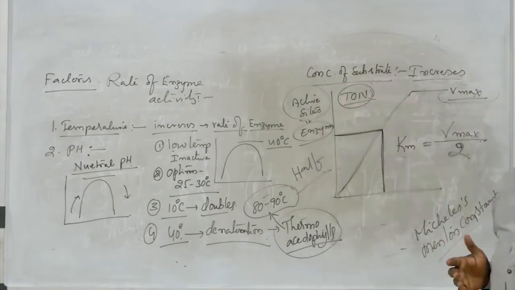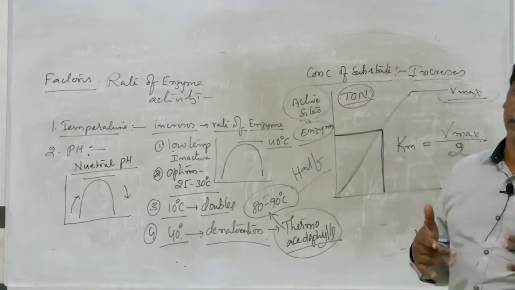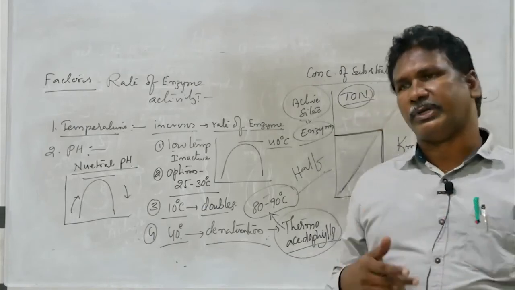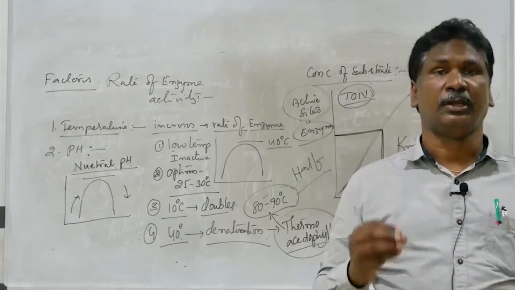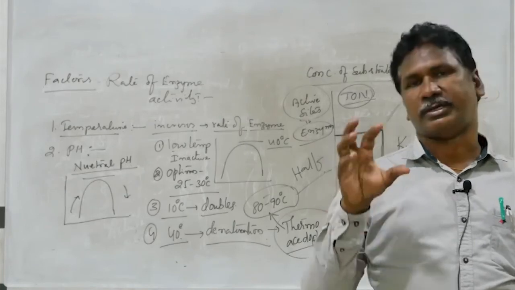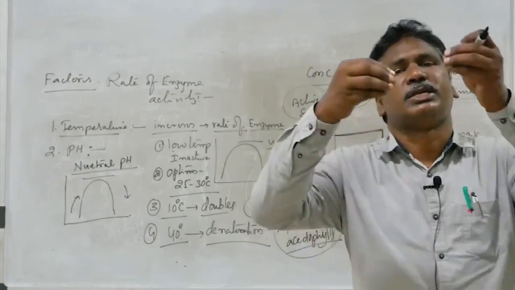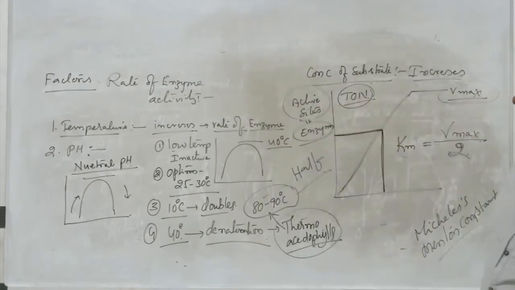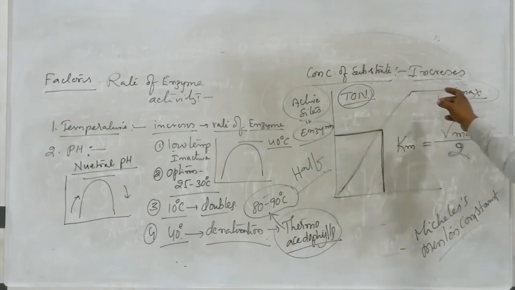And also the concentration of substrate. If the concentration of the substrate increases, the rate of enzymatic activity also increases, because all active sites of the enzyme undergo enzymatic activity. But when the enzymatic activity reaches the maximum, that is called Vmax.